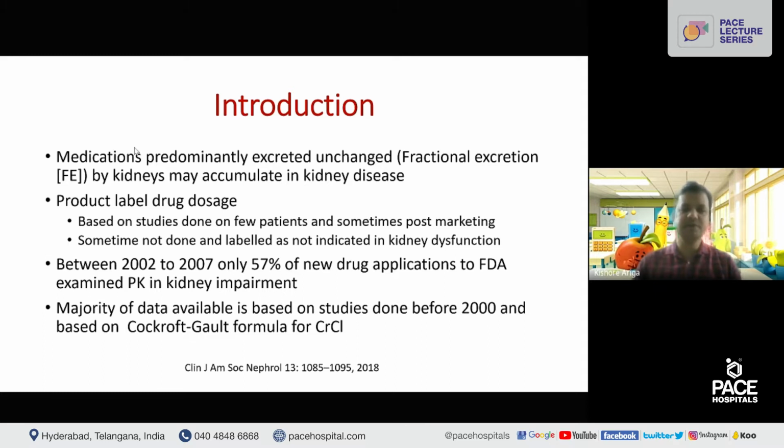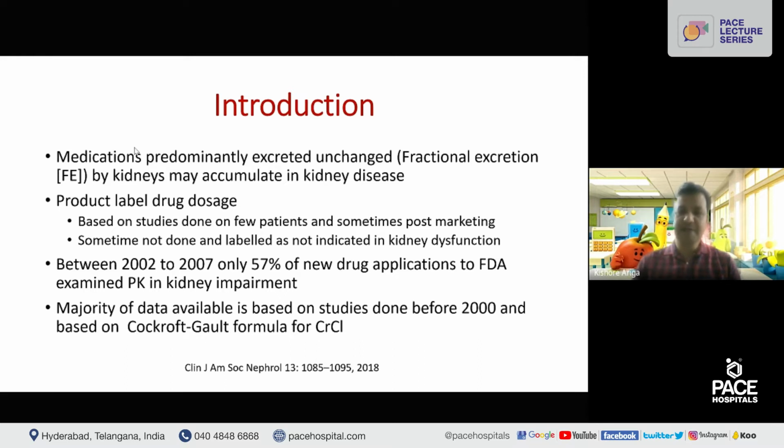This is because the manufacturer who has produced this drug will do studies on patients with kidney dysfunction. So this product label drug dosage is based on studies done on few patients and not all the patients with kidney dysfunction, and sometimes it is done post marketing.